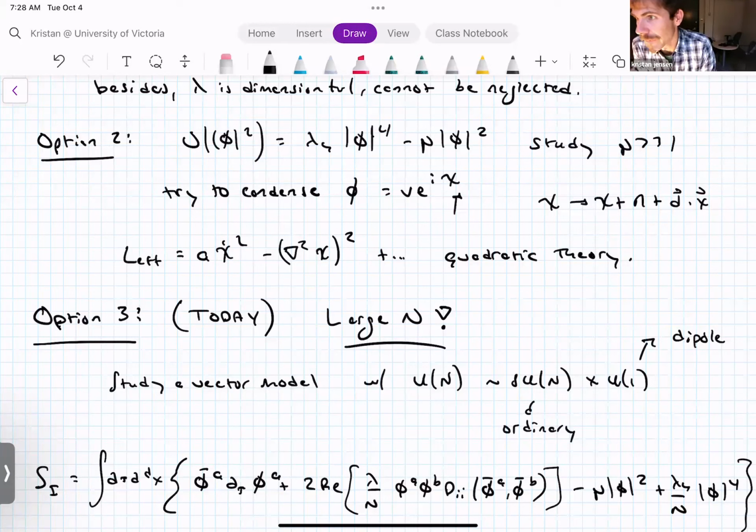Again, in a Hamiltonian picture for the partition function, trace e to the minus beta H, this UV-IR mixing is a funny thing to consider. This means that there's a lattice-sensitive density of states.